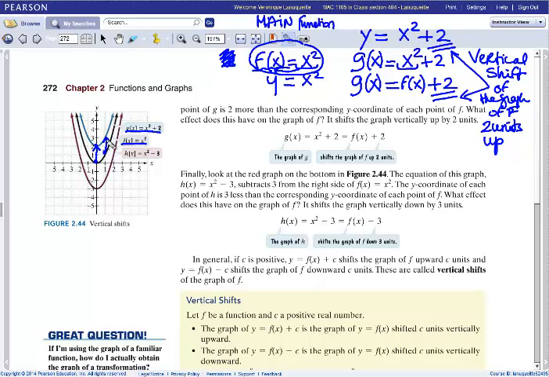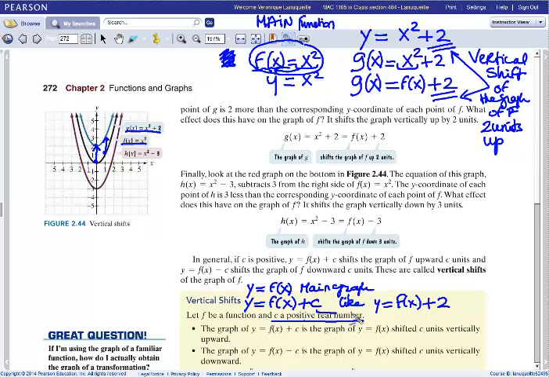up, and so on. So let's remember that if c is a positive real number and you have y is f of x as your main graph. Now if you want to consider y is equal to f of x plus c, okay, c being positive, so it's like we just had y is equal to f of x plus 2 because c is 2 in this condition here, then this is going to be what?